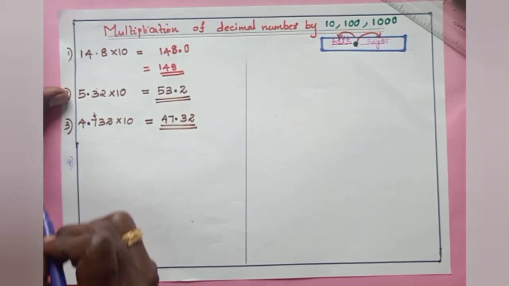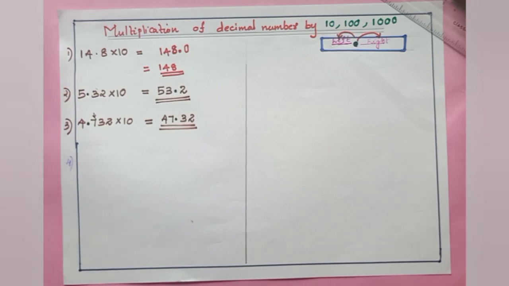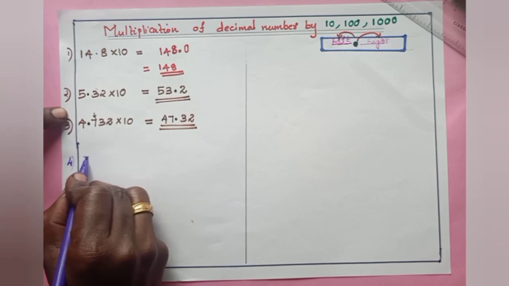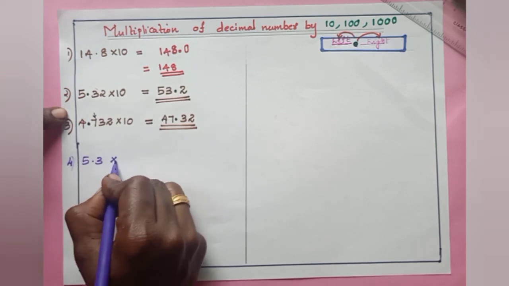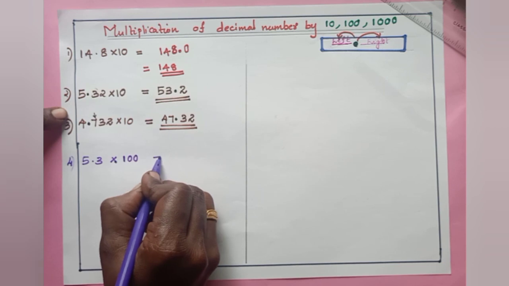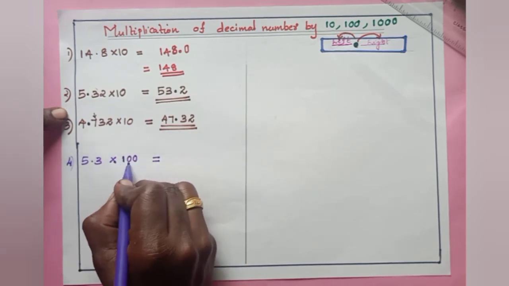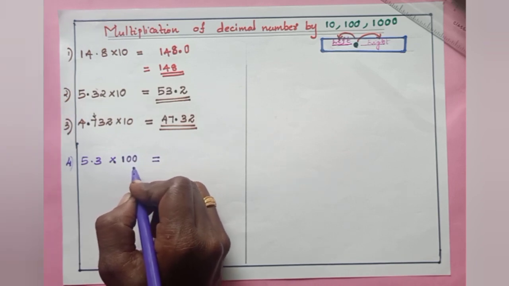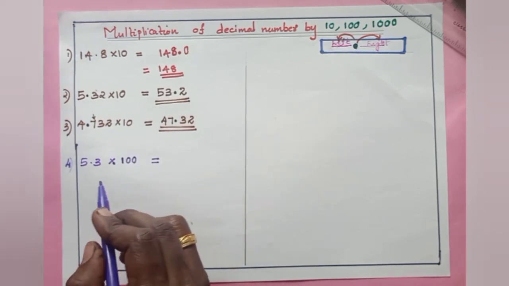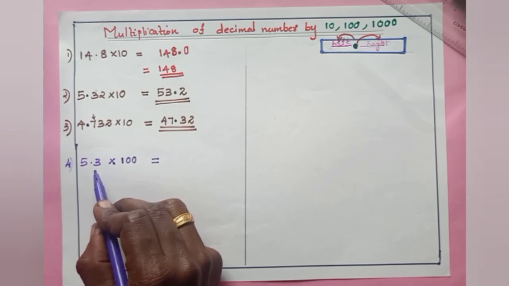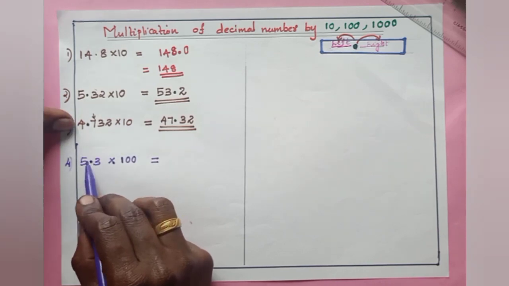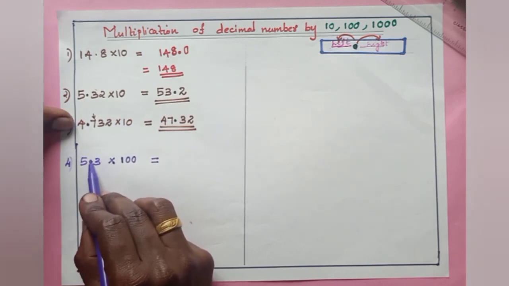Fourth question. 5.3 into 100. See, 1 after how many 0? 2 zeros. So, when a decimal number is multiplied by 100, the decimal point moves to the right by 2 decimal places.